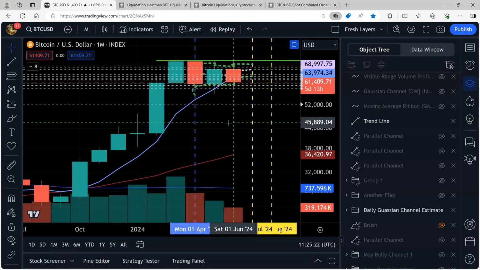But anyway, other than that, we work with hours, 4 hours, and daily time frames, weekly time frames.